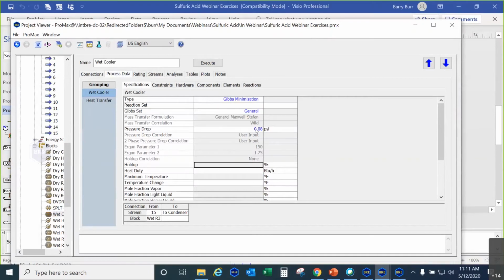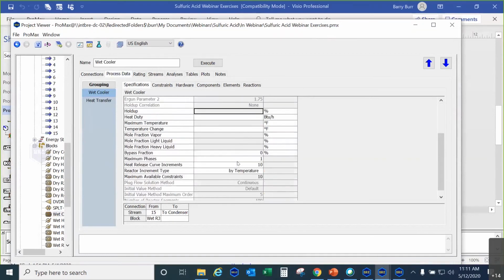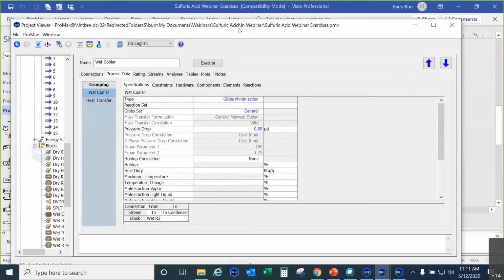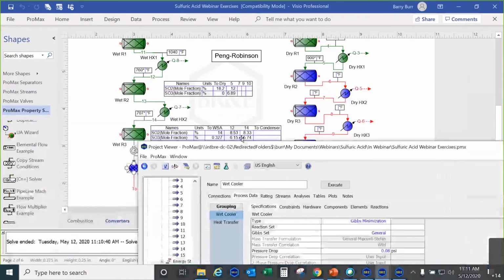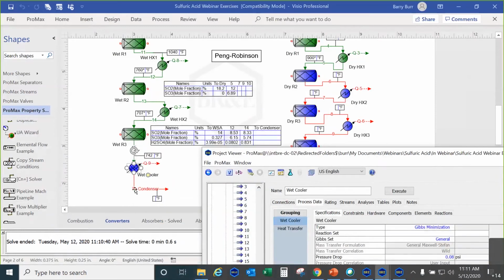This one is actually going to have a bypass fraction of 0% and 2 for the maximum phases. And the outlet temperature for this one is 585 degrees.